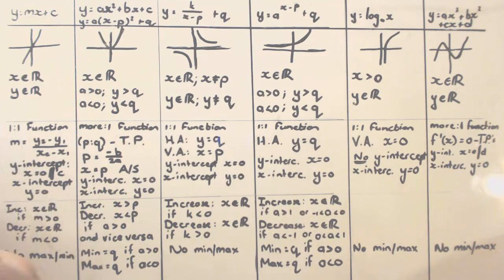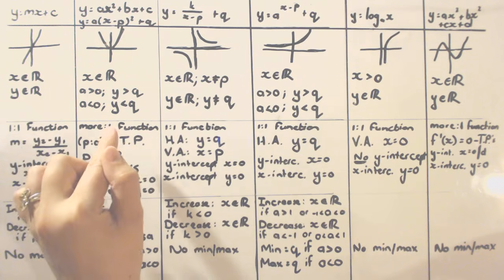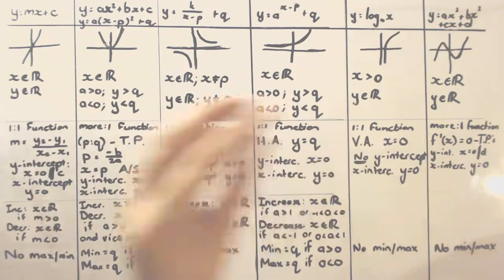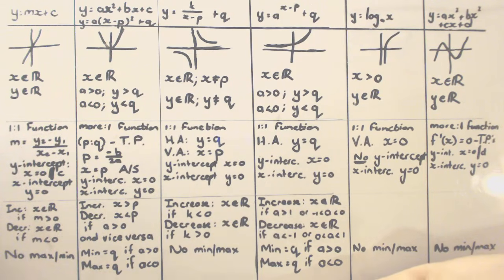Alright, so this is the mapping, and you know the many-to-one functions, which are these two, only the quadratic and the cubic functions are many-to-one functions.